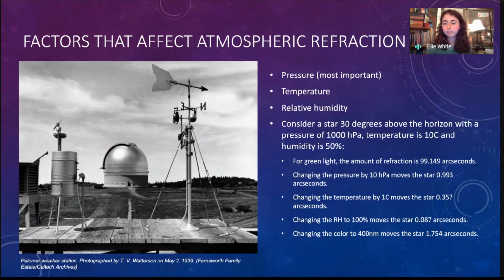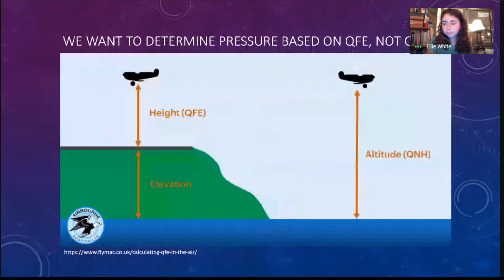So you can see that the most substantial things that can change where your source is going to appear are your pressure and color. That's an interesting thing to note when you're thinking about what kind of data you might need to take at your site to do these corrections.